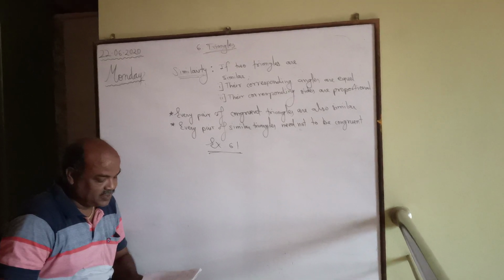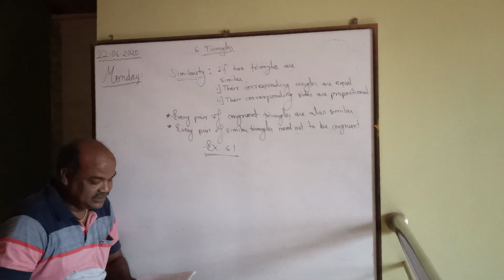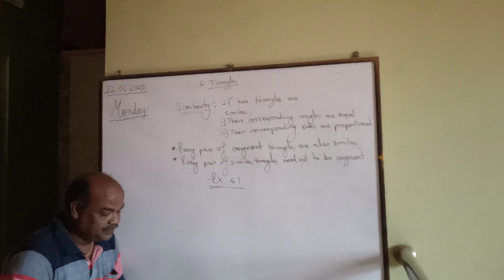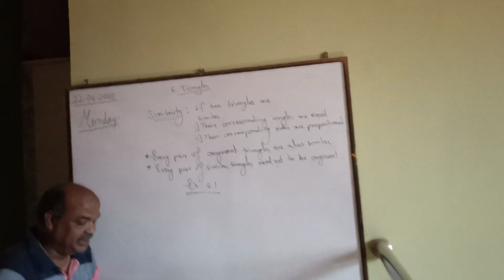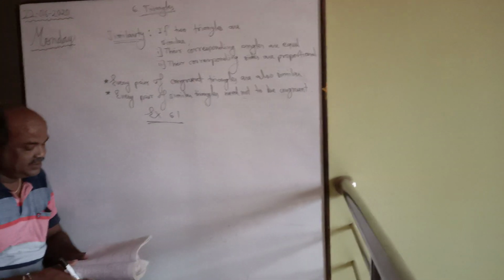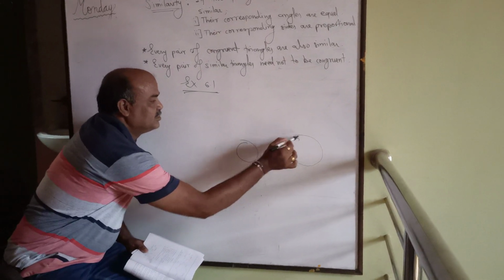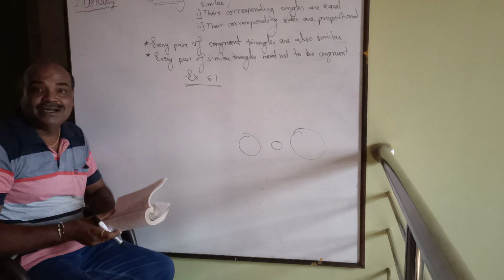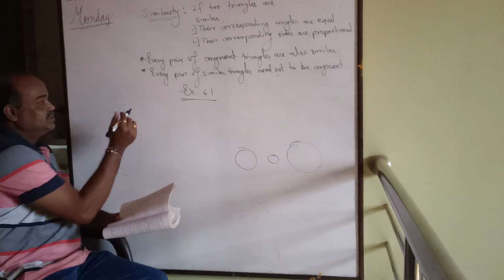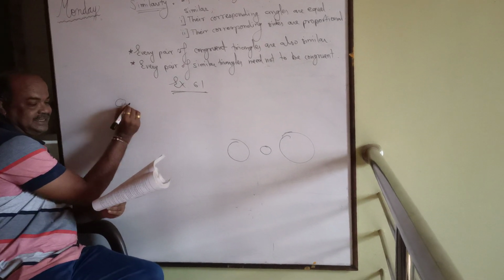First one is all circles are. 2 options are given there, congruent and similar, right? All circles. What is your opinion regarding that question? I know it's very easy.